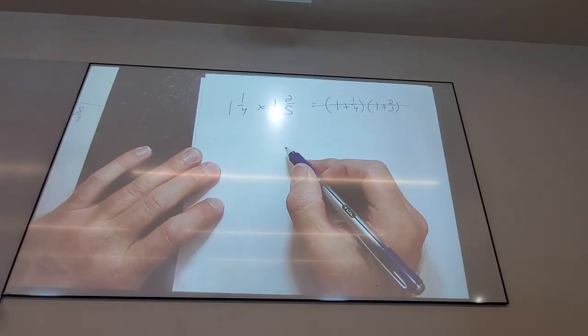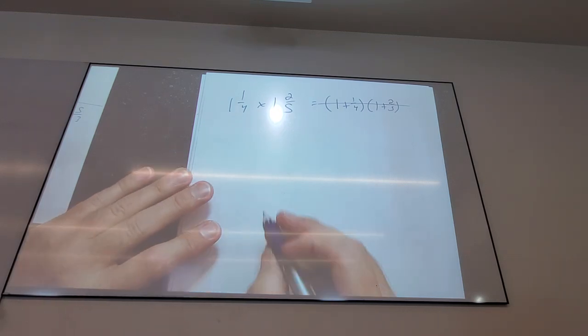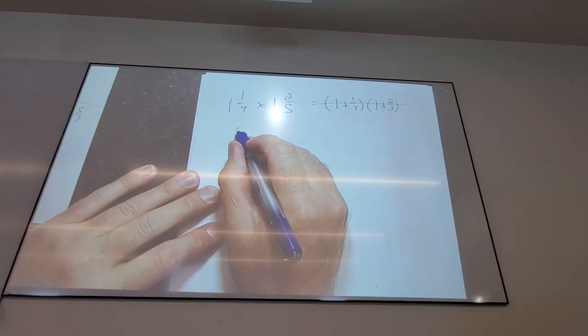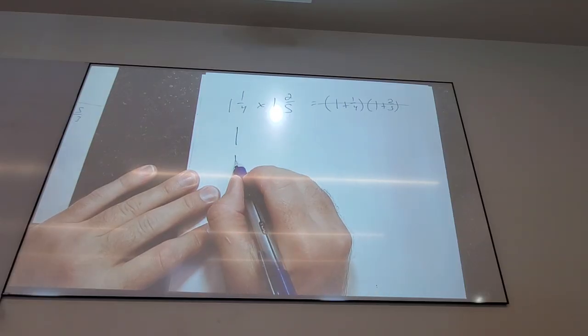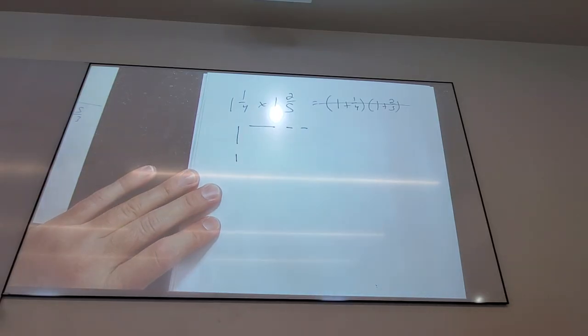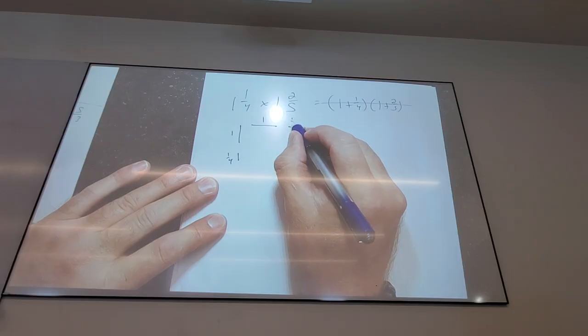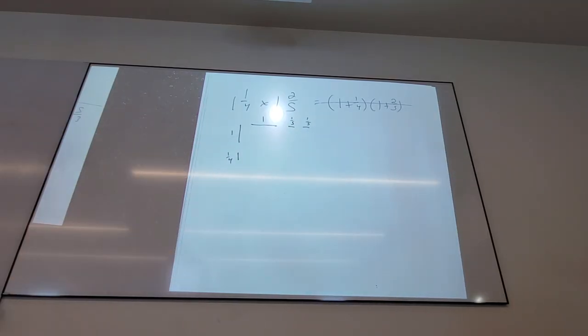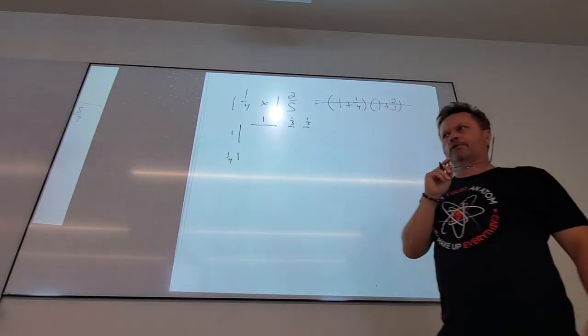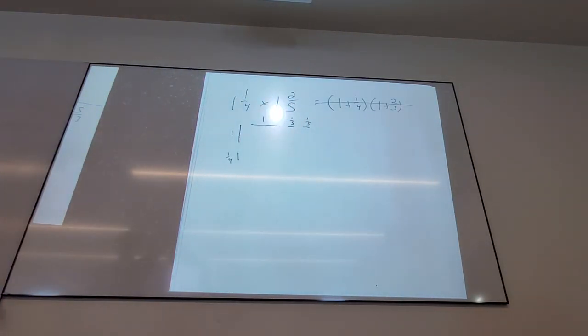So if I want to do this visually, I can borrow something we did back with base 10 pieces. Believe it or not. I have 1 and 1/4 and 1 and 2/5. Let me write this. 1 and 1/4, 1 and 2/5. You guys with me? I don't know if you remember when we multiplied base 10, we would line things up this way, line things up that way, and then we made areas in the middle.